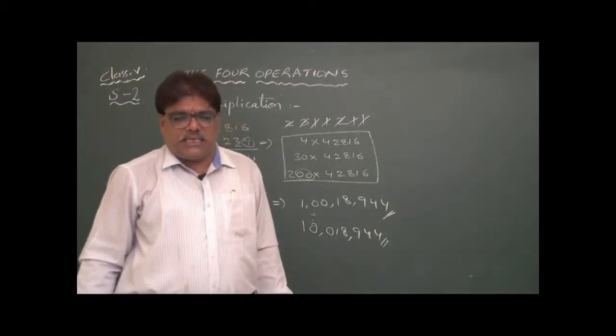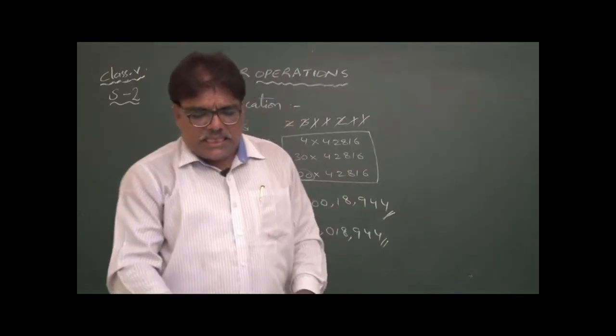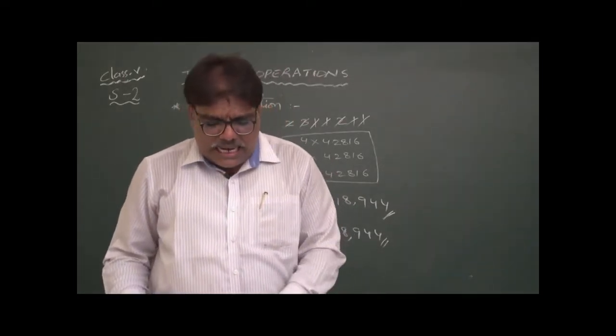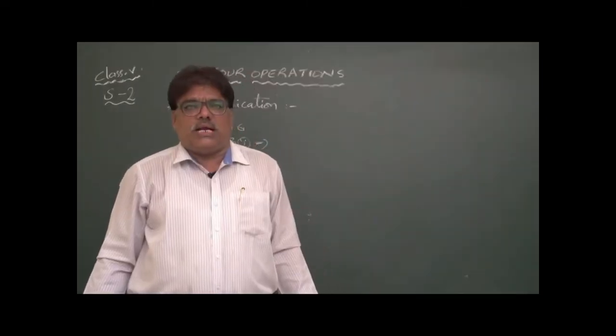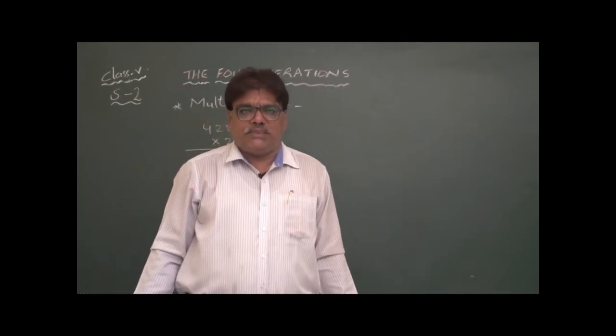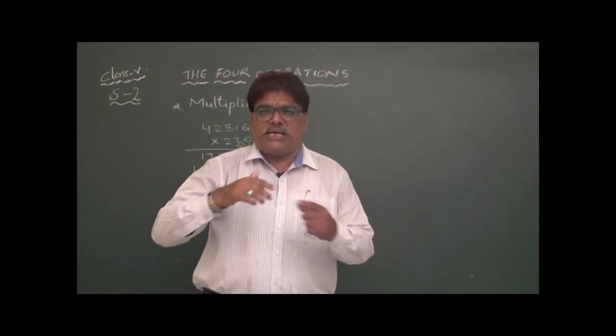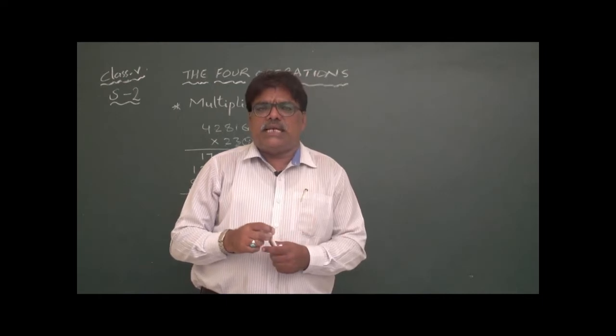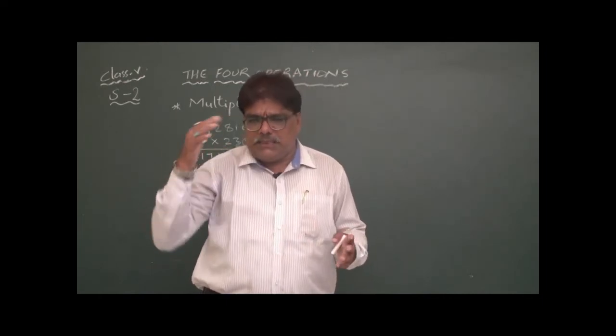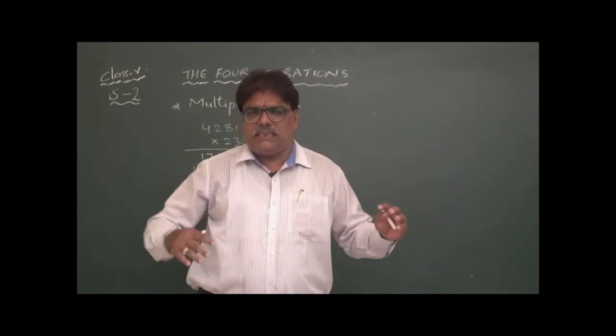Then the other method is called the cross method or lattice method. It is also called box type. We should write down the numbers, however many digits there are. In this type, there is no limit, either for the multiplicand or the multiplier, only the resultant.